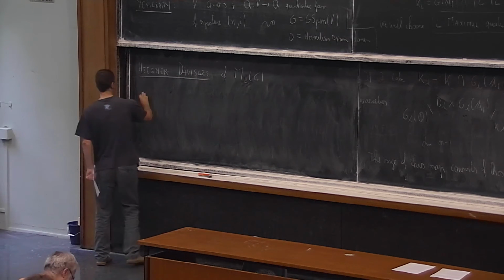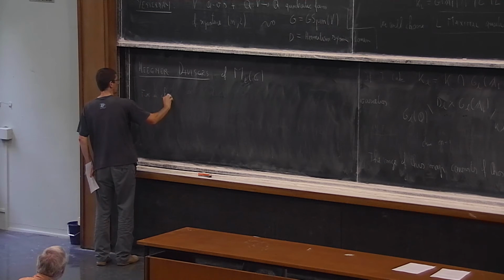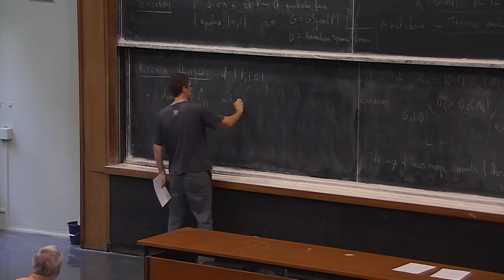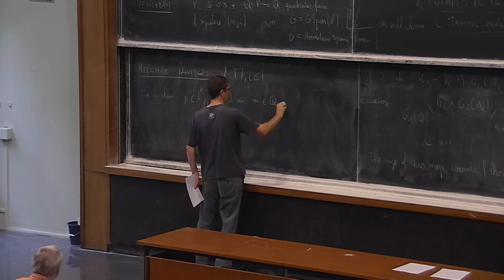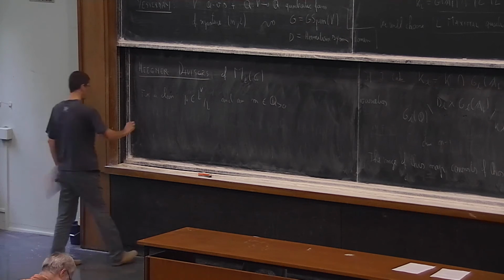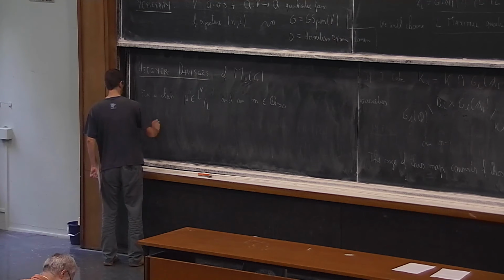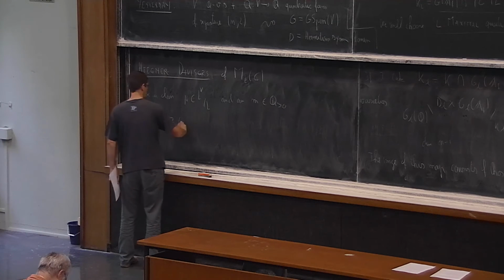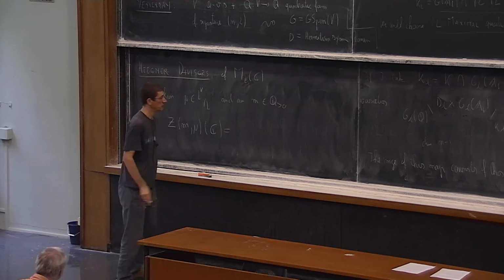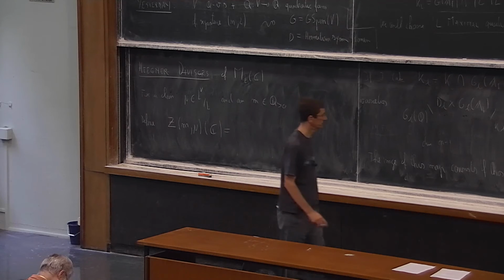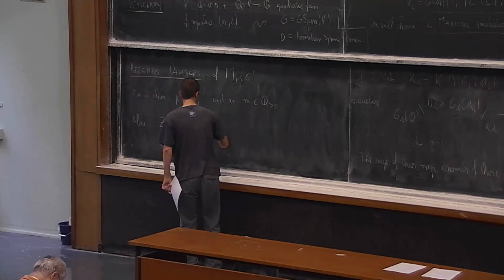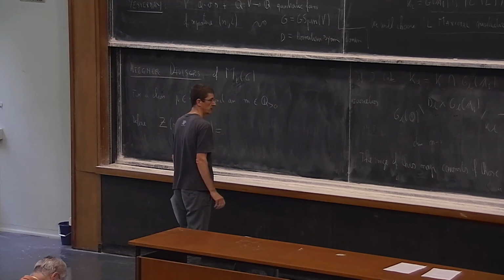So I fix a class mu in L dual modulo L, and an M, which is in fact a positive rational number, and I define Z M mu C simply as, so let me simply write, I will be more precise maybe tomorrow.